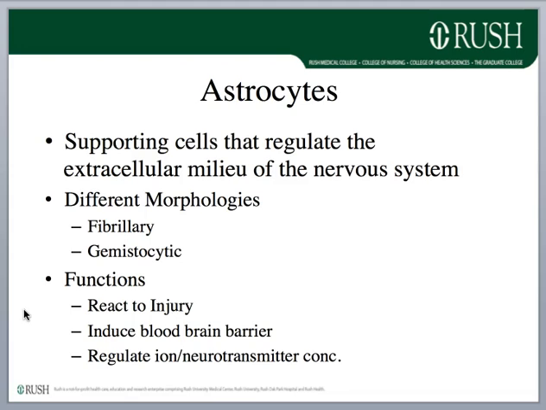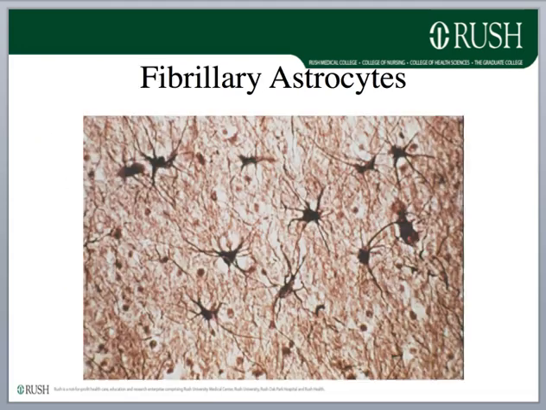So these function as a reaction to injury to protect the neurons. They also induce the blood-brain barrier, and they regulate the extracellular electrolyte environment and neurotransmitter concentrations. So they have very important regulatory functions.